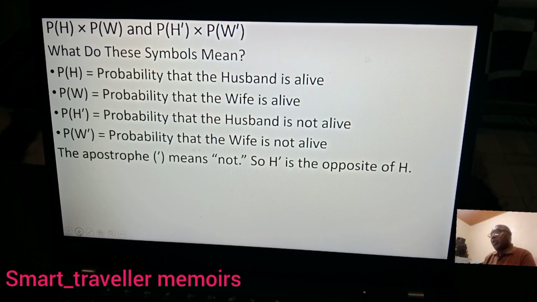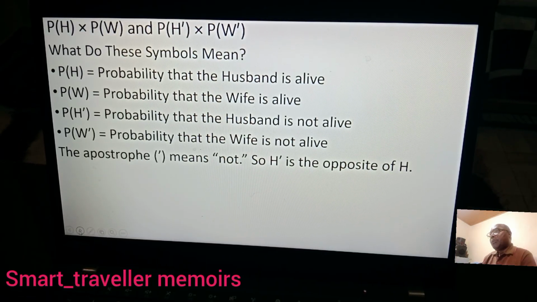pH times PW and pH prime times PW prime. What do these symbols mean? pH is equal to probability that the husband is alive. PW is equal to probability that the wife is alive. pH prime equals probability that the husband is not alive.